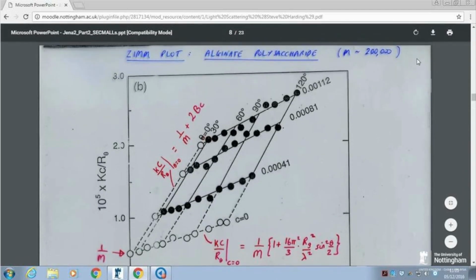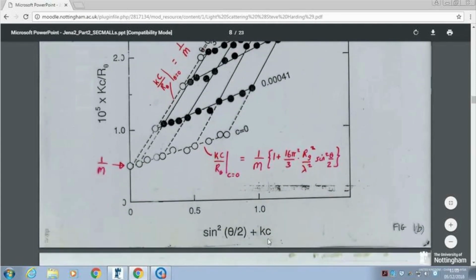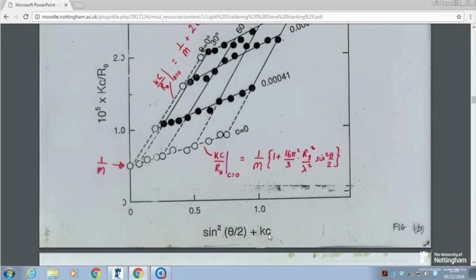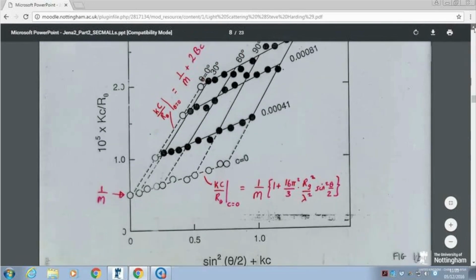What all this is here is you plot Kc over R theta on this axis, and you plot sine squared theta over 2 plus this constant times c on the other axis. This constant is just to spread the data out. It's just an arbitrary constant. So you've got sine squared theta over 2 and Kc on this axis and Kc over R theta on this axis.